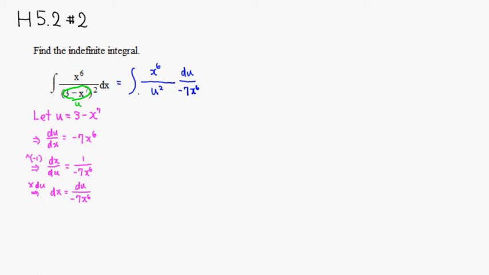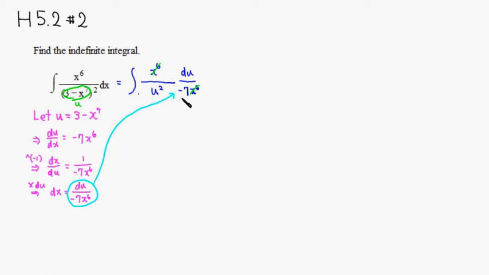So we just put this guy right there. Then we can cancel out x to the 6th power on top, and there's a 1 on the bottom.